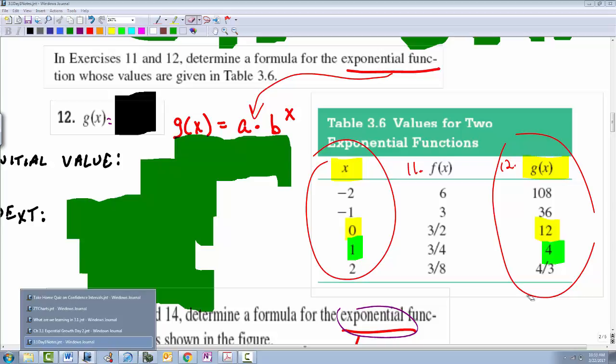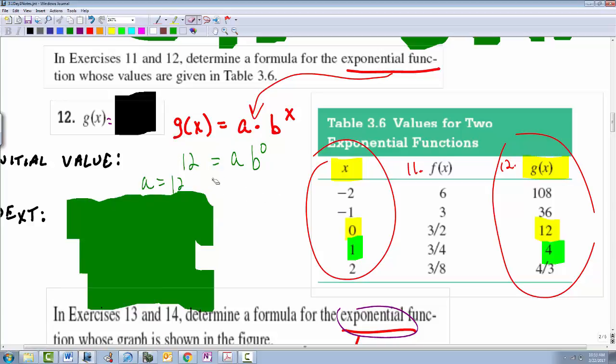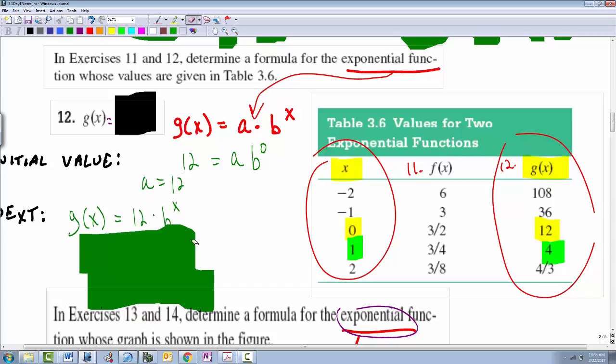What's the initial value for this question from your notes yesterday? Come on. 0, comma 12. So the initial value is actually 12. And then I told you could pick any other coordinate on this to find what b is.